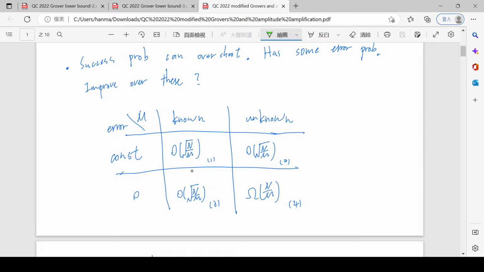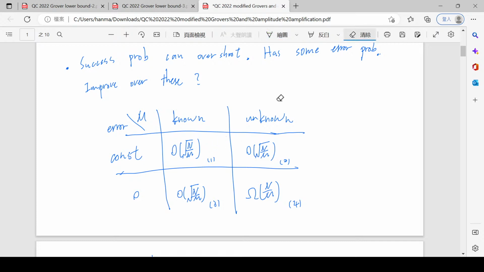The first three blocks are not surprising. If you want constant error and m is known, then you can do order square root of n over m. This is just what we do in a textbook.